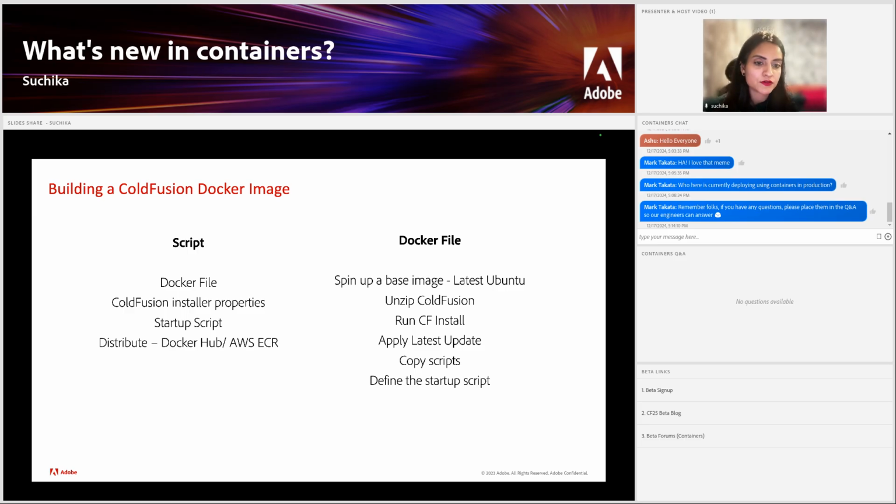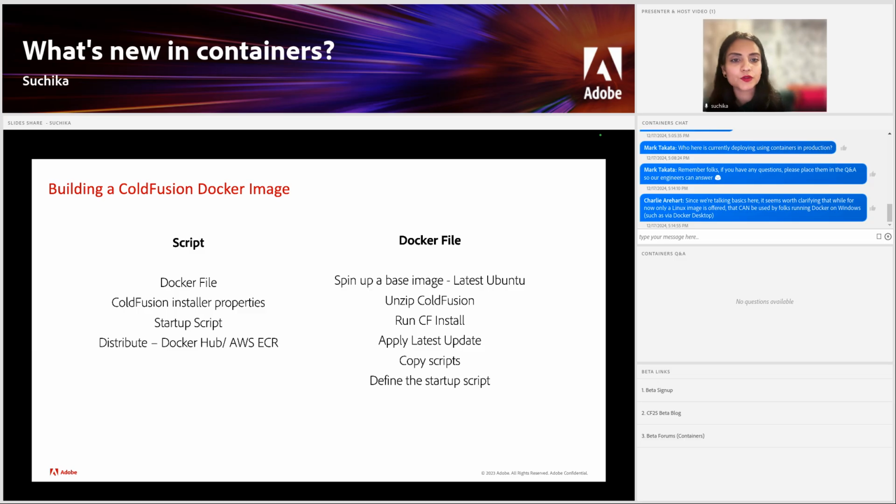After cf install is run, we apply the latest updates available for ColdFusion, and then we copy certain scripts like the startup script and other scripts that are required to set the settings of your ColdFusion server, and then finally we define the startup script, which is used to actually run those settings. Right, so this is how your Dockerfile looks for the ColdFusion Docker image that we built.